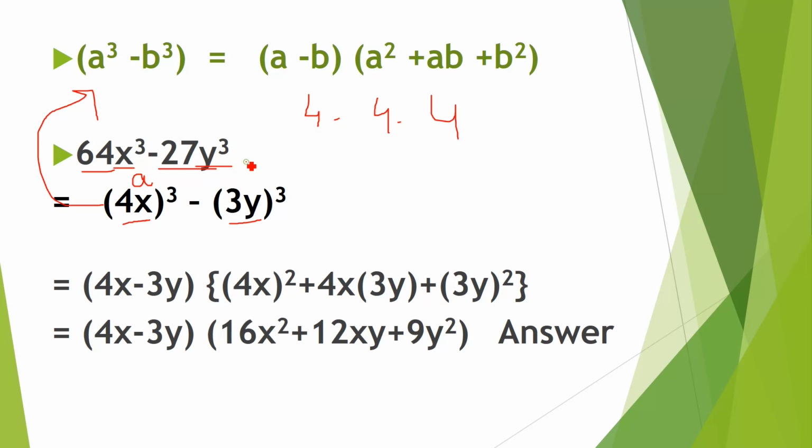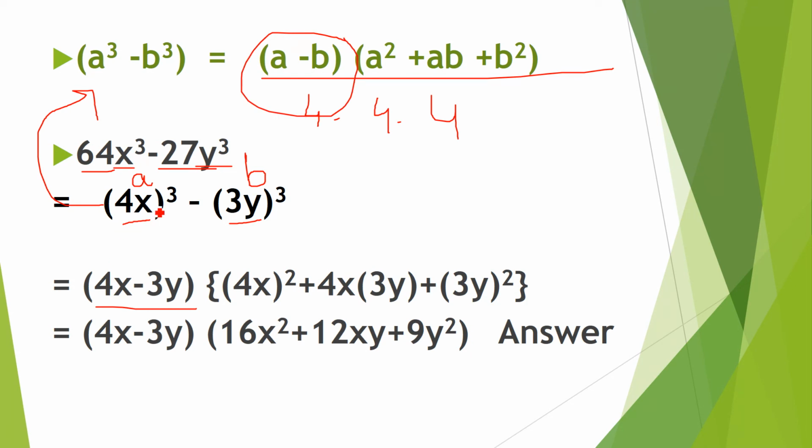Wherever you see b, you have to write 3y. Right? So now we have to follow this part. First is a minus b. Right? A is 4x minus 3y. This is the first part from here to here. And then second, a square.